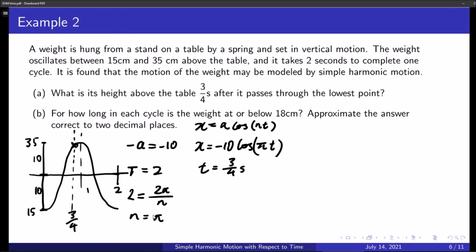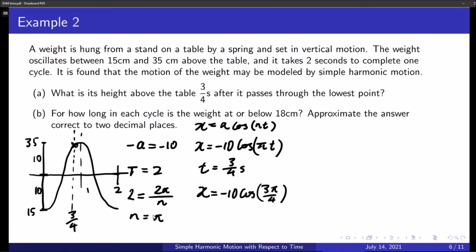Okay, we need to substitute t equals to 3 over 4 into the equation here. So x equals to negative 10 cosine 3 pi over 4.